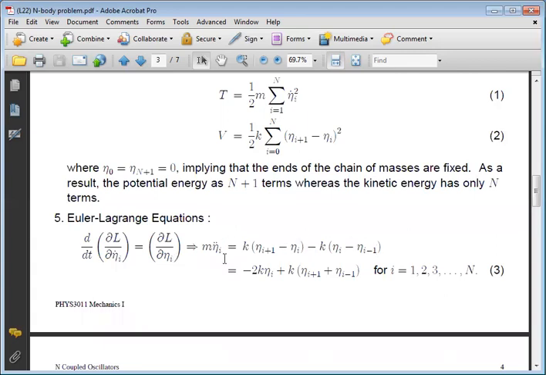So for the ith particle, we have m eta i double dot equal to k times (eta i+1 minus eta i) minus k times (eta i minus eta i-1). Why do we have two terms? Now, remember that each eta i is connected to two neighboring points. One is the i+1 mass. The other one is the i-1 mass. All right, so there are two terms altogether.